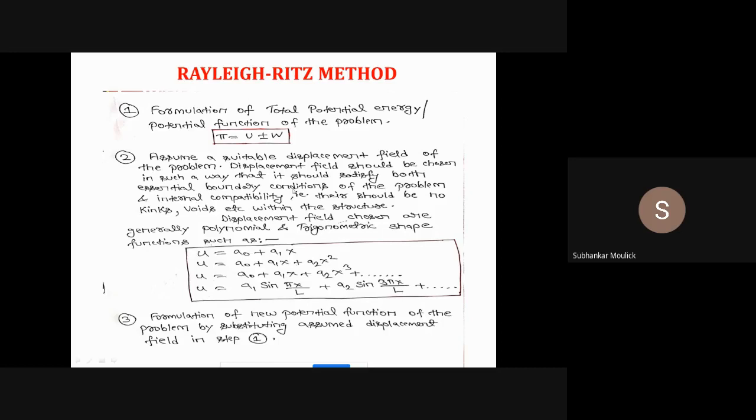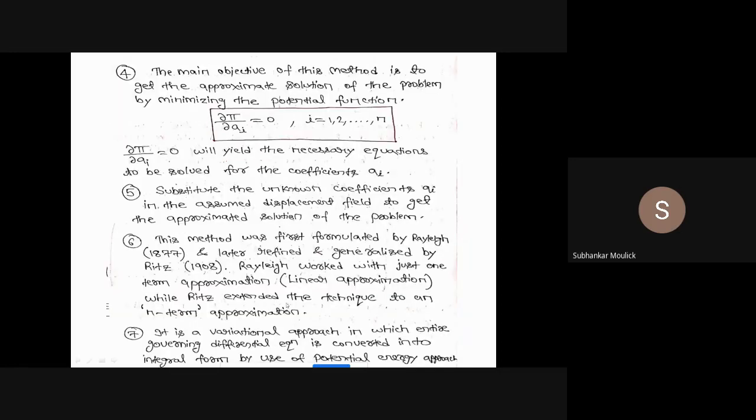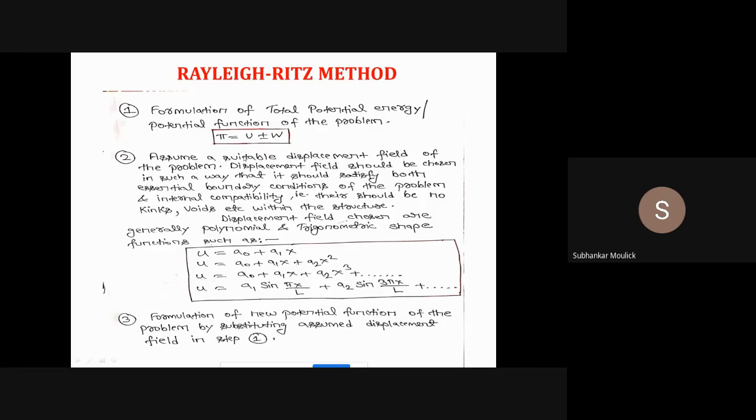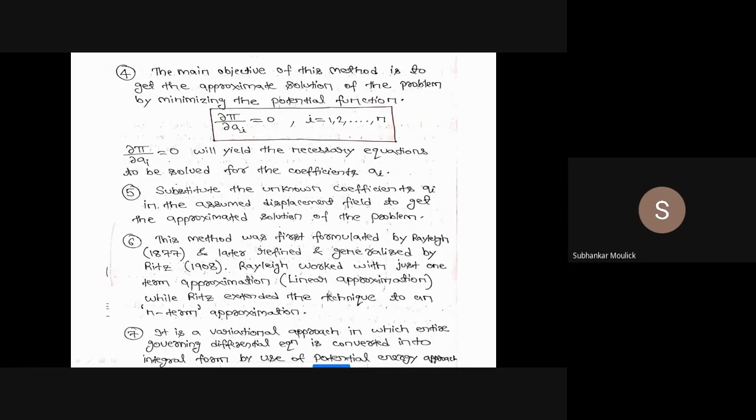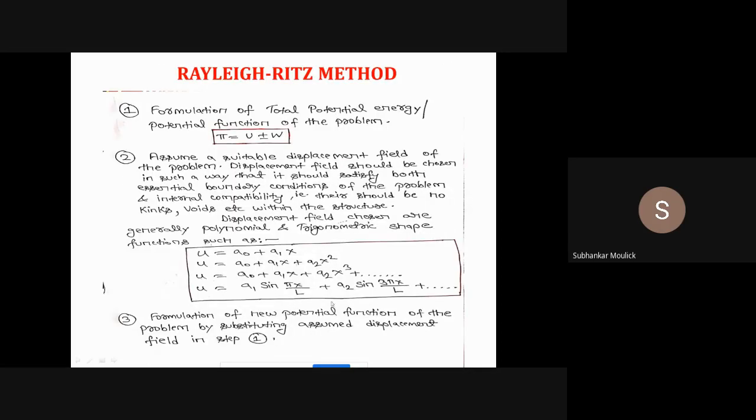They were different scientists, and on the basis of their names, this method has been named. Ritz extended this technique to an n-term approximation, that means a naught plus a1x plus a2x cube plus and so on. However high an order you want, you can take that approximation. The same goes for the trigonometric part also.